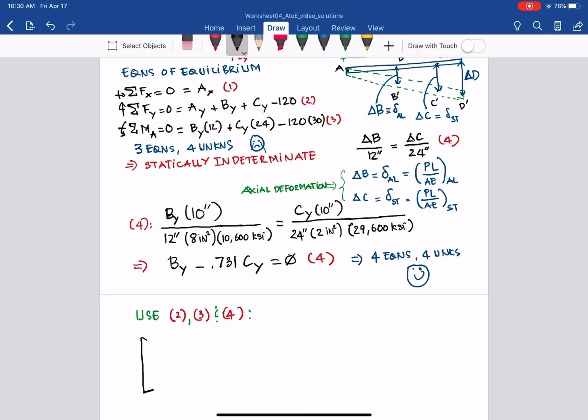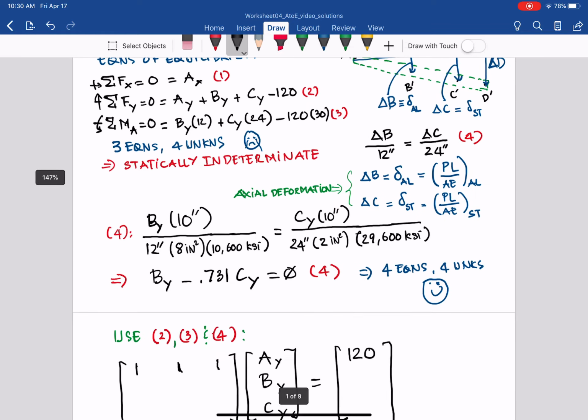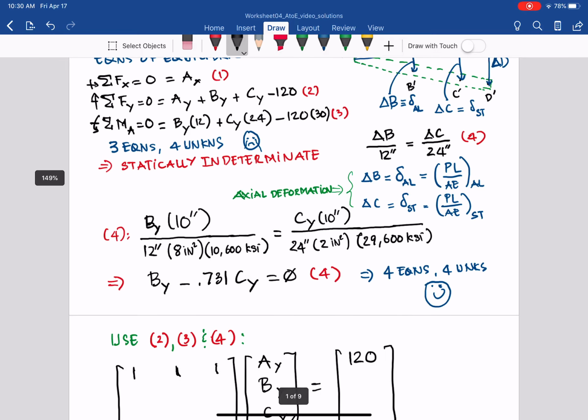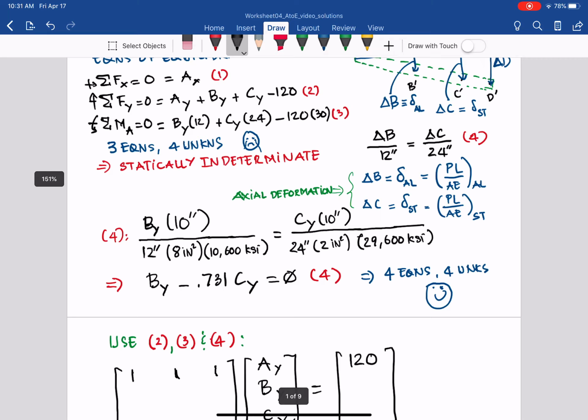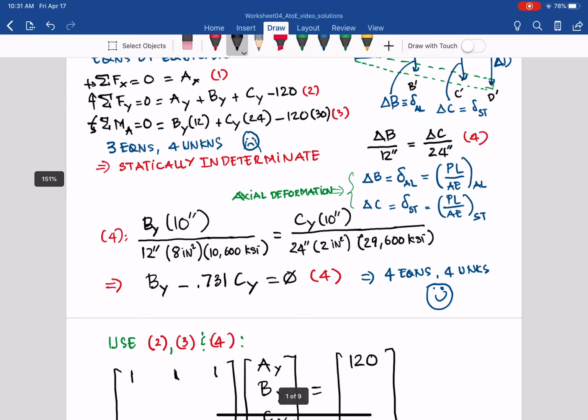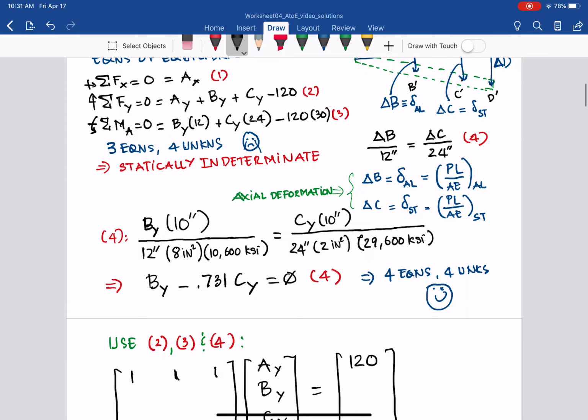So you have 1 for the coefficients, in that order: AY, BY, and CY, equal to 120 for equation 2. Then equation 3: BY times 12, CY times 24, and negative 120 times 30. 120 times 30 is 3600.